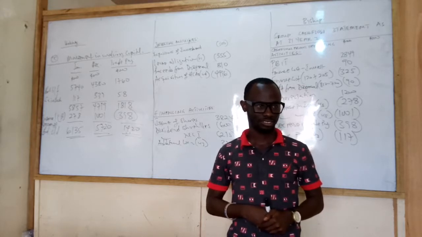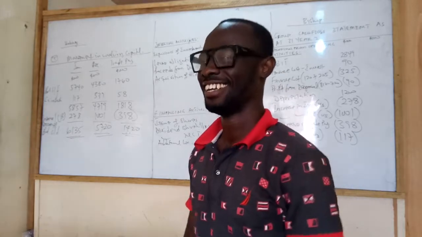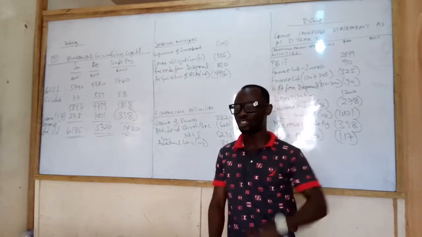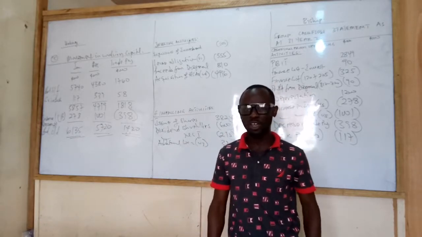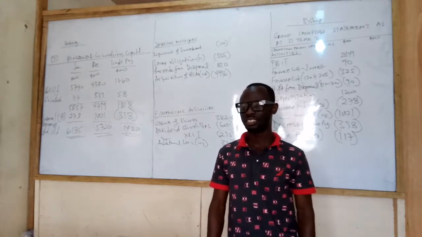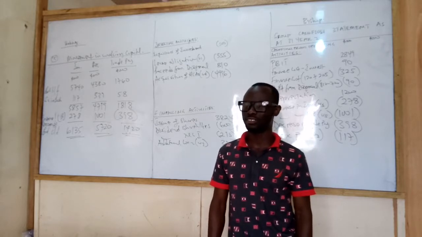Taxation on profit on ordinary activities. So in actual sense, when you bring the opening and the closing for the note, you are not going to do movement. It's only balancing. Why do they bring it? Because they want to see if you understand what you did in class. That's what we want to find out.